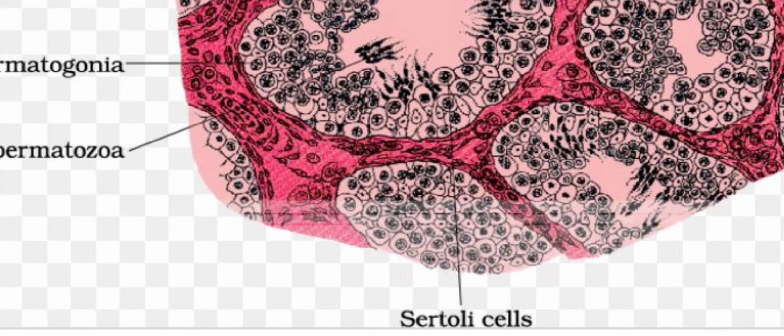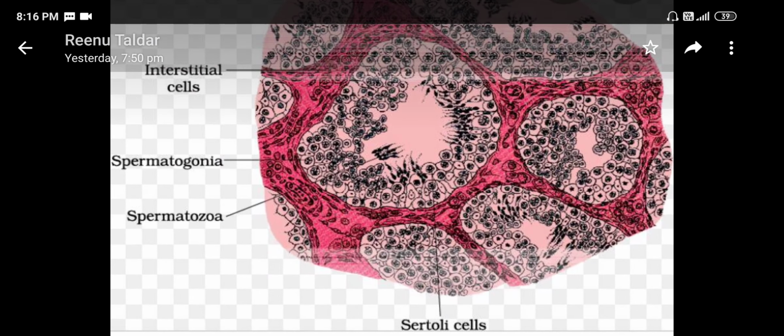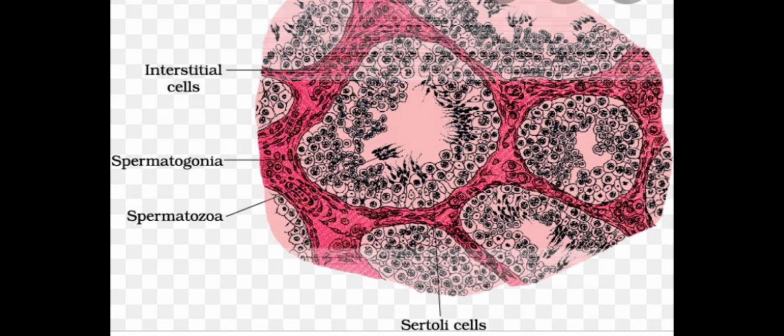The next type of cell that you will see in the transverse section of testes or seminiferous tubule is the interstitial cells, also called Leydig cells.